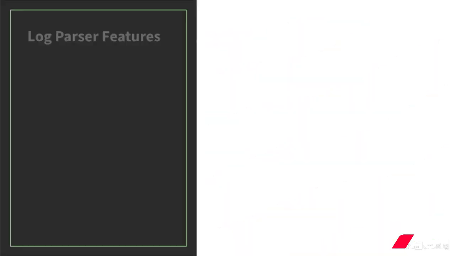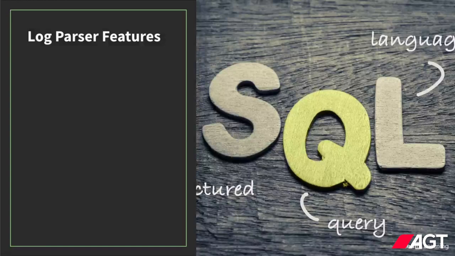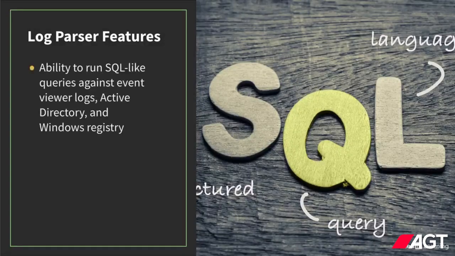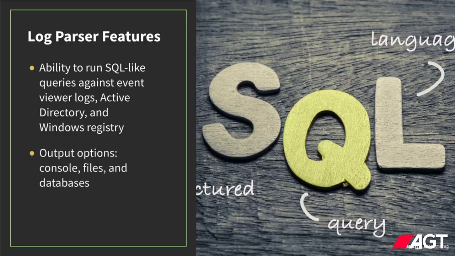One of the primary features of Microsoft Log Parser is the ability to run SQL-like queries on log files regardless of their original formats, such as XML, text, or Internet Information Services or IIS log files. The information retrieved as part of a query can appear on a console, in a file, or be returned to a database.